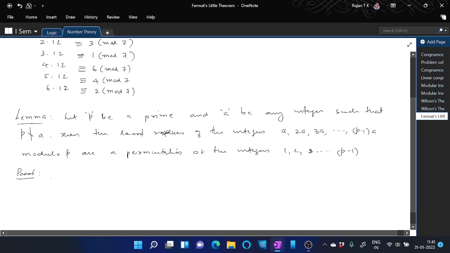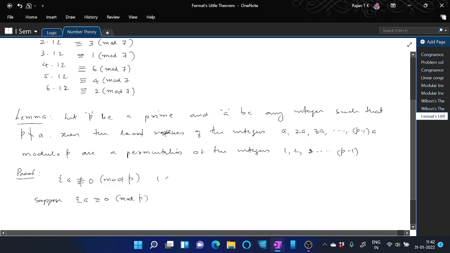First, we will show that for any i in between 1 and p minus 1, ia is not congruent to 0 mod p. That is, ia is not a multiple of p. This is because, suppose ia is congruent to 0 mod p.